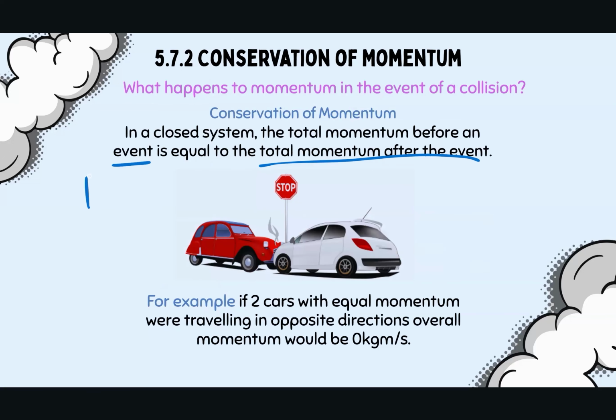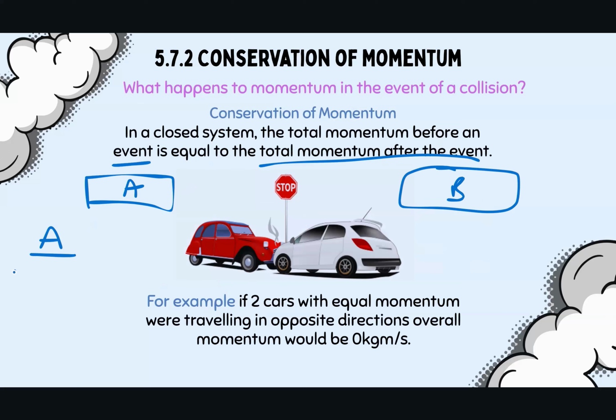You've got car A and you've got car B. They're exactly the same car, so they have exactly the same mass. So let's say car A has a mass of 1000 kilograms. No, let's put 100 kilograms. Let's keep it easy.